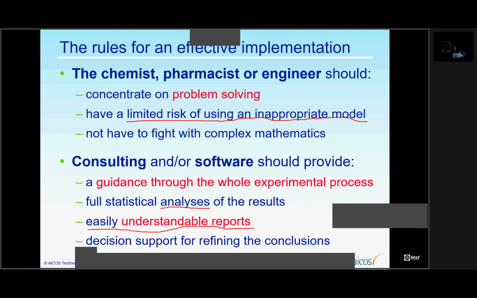The software could also tell you, as you go from one phase to the next, which factors are important, which ones you should keep, and which ones you should eliminate.